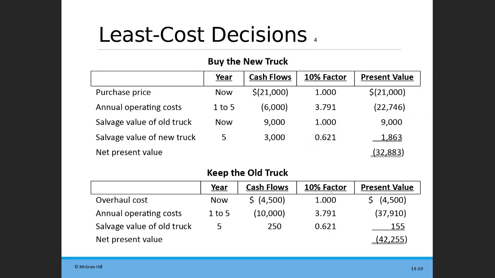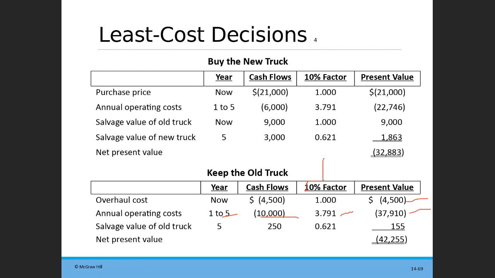Old truck, if I keep the old truck, the present value of the overhaul is $4,500. Cash flow out, years 1 through 5. So I get my year 5 present value of an annuity at 10%, 3.791. 10,000 times 3.791 is 37,910.